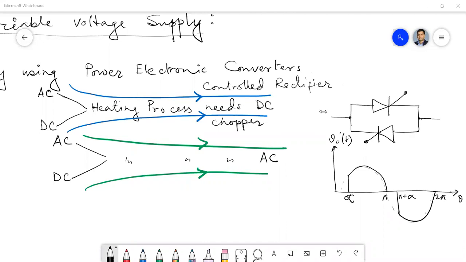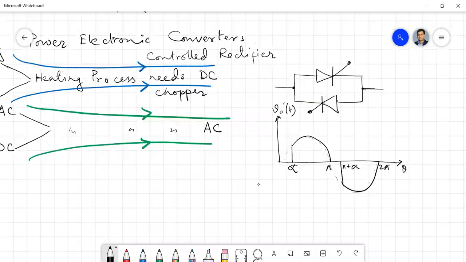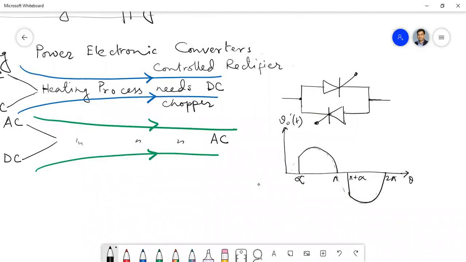So this type of solution we can use for this first option, where we have fixed AC and we need variable AC. This process will keep the frequency unchanged, but you will have a lot of harmonics in this waveform. That is the problem. Otherwise, this is very good because it has very little complexity in the circuit.